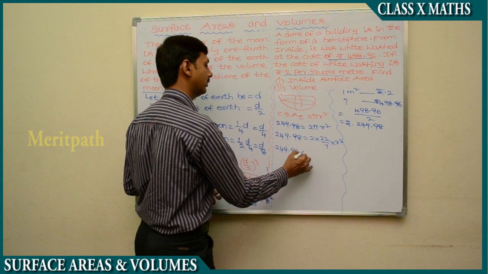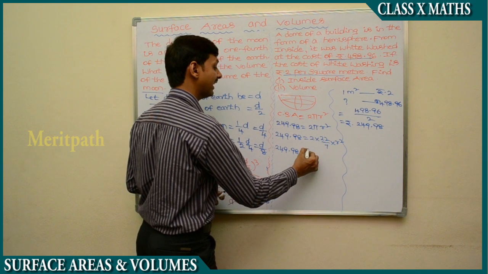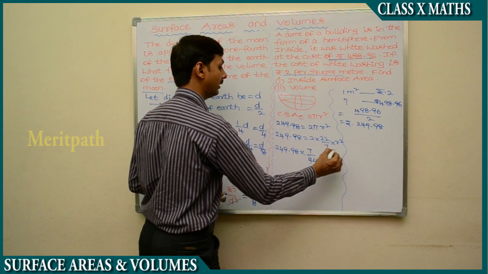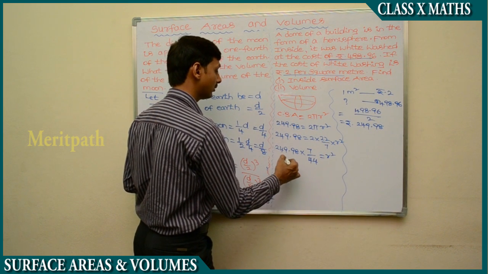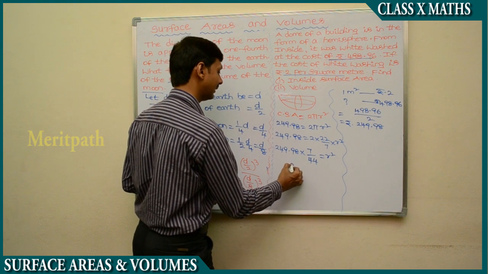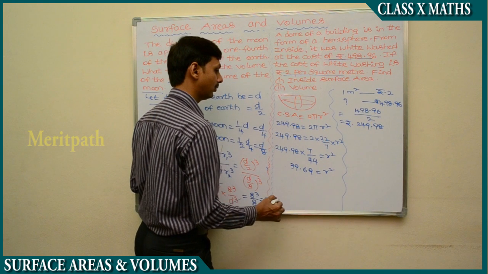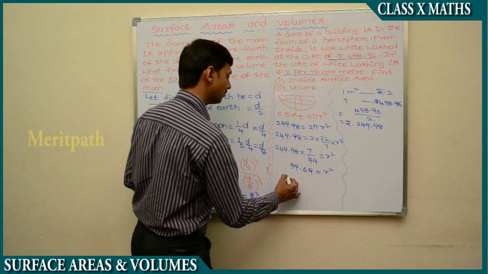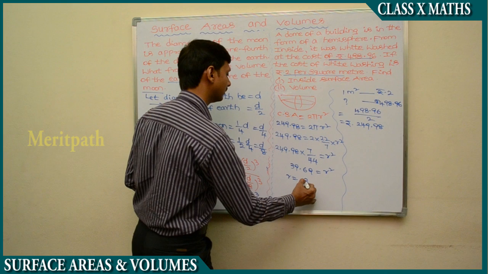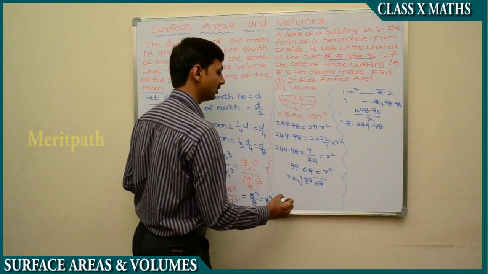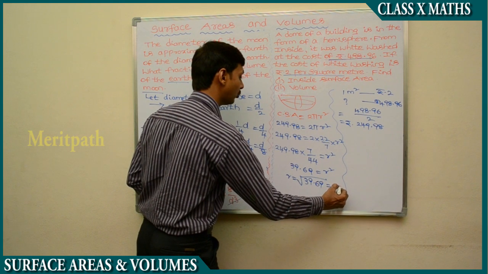When we transpose, we get 249.98 into 7 by 44 is equal to r square. So let's simplify this, we get 39.69 is equal to r square. So when we find the value of r, the square root of 39.69, approximately we get 6.3.